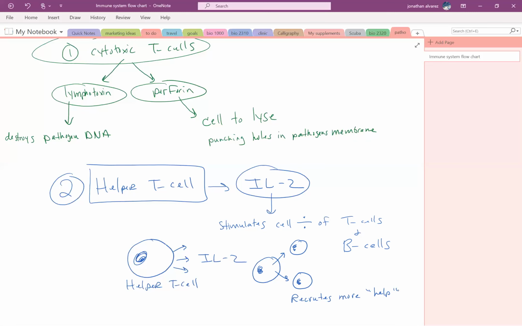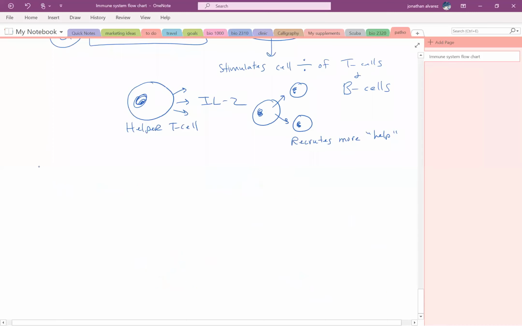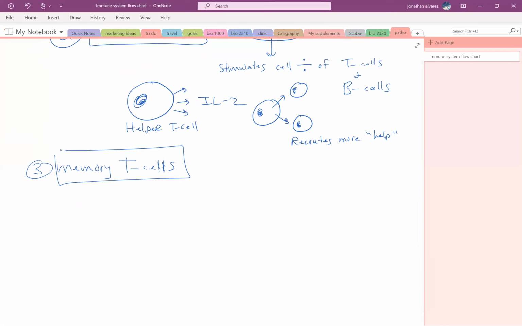All right, the third one are the memory T cells. Okay, these guys remain dormant until the exact same antigen presents itself.